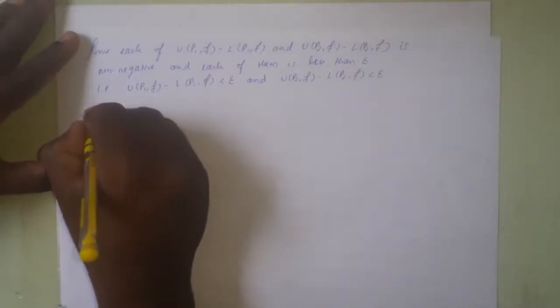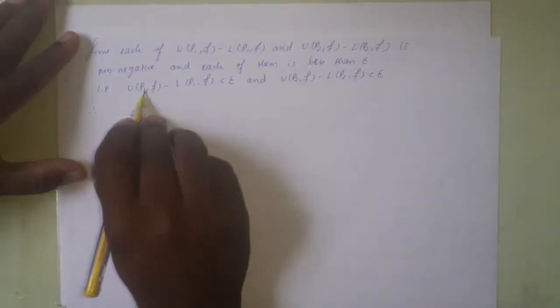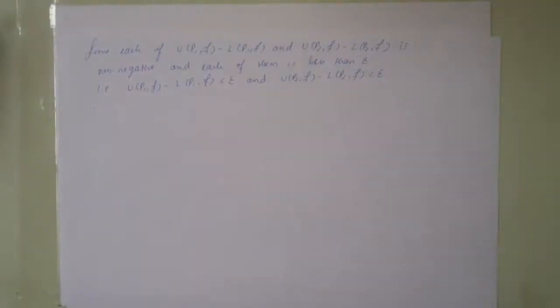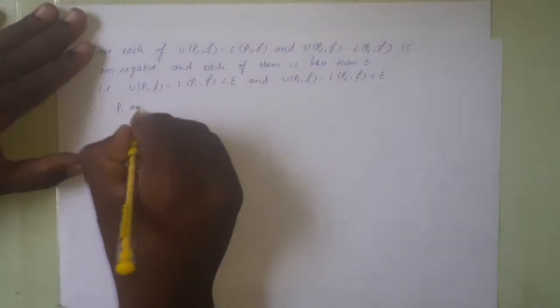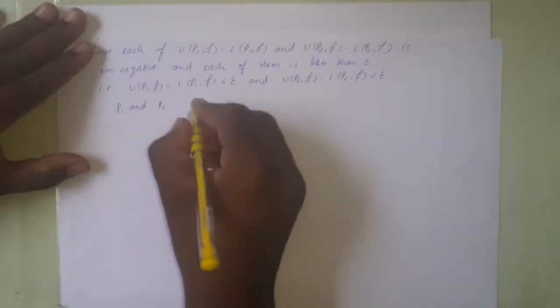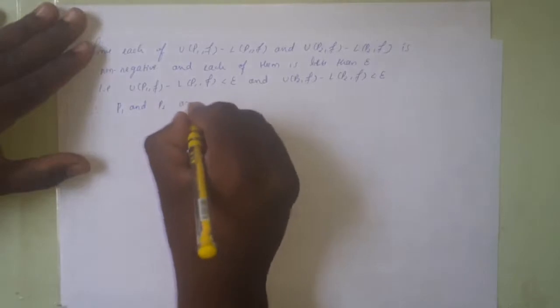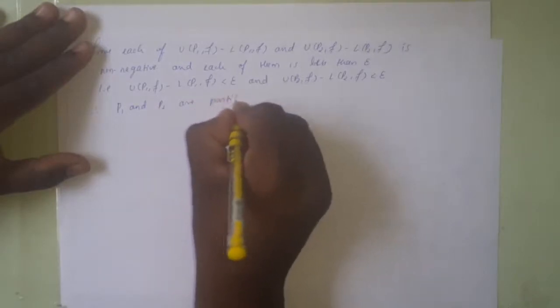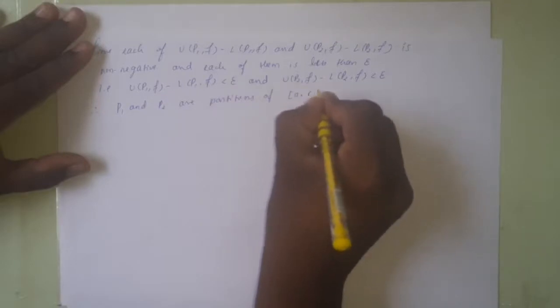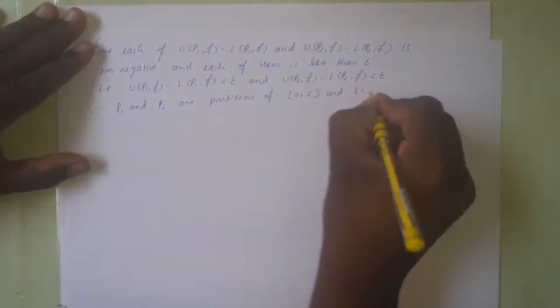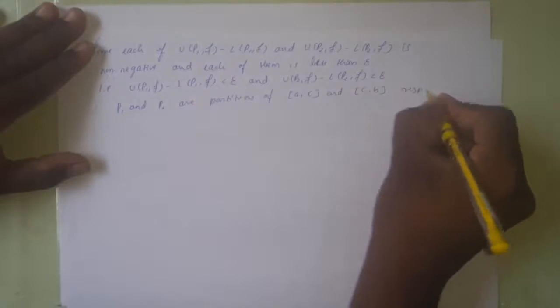So, therefore, now here P1 is the partition on the closed interval AC and P2 is the partition on the closed interval CB. So, therefore, here P1 and P2 are partitions of the closed interval AC and the closed interval CB respectively.